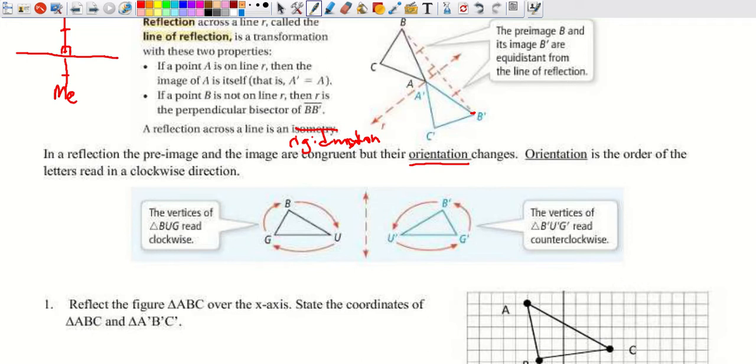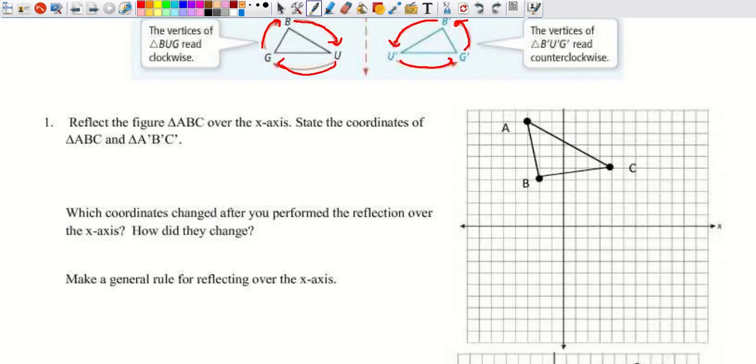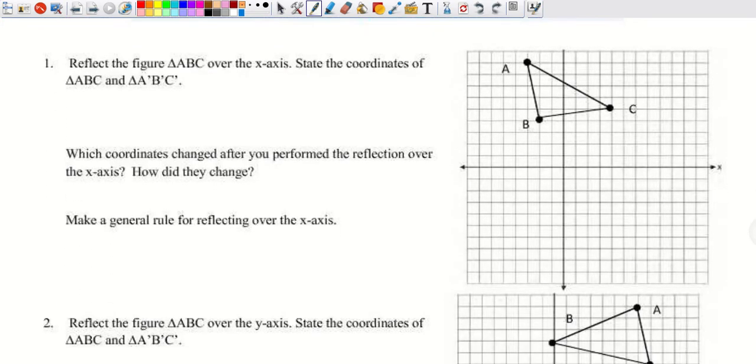But in a reflection, the orientation flips and reverses. If I was going to read the letters in the triangle B, U, G, I would have to go in the opposite direction to read B, U, G on a reflection. So the order of the vertices reverses.